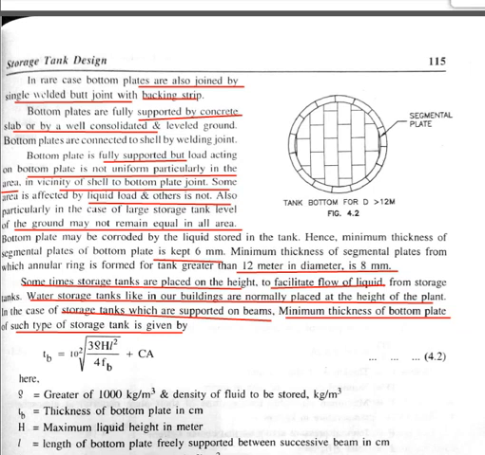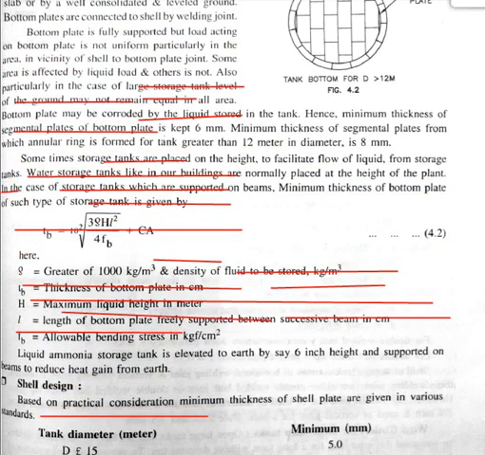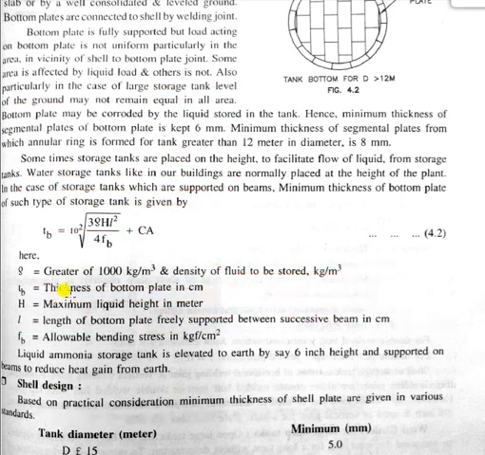Whatever fluid we are going to store, consider its density, with a minimum of 100 kg per meter cube. Then next, alpha. TB is the thickness of the bottom plate in centimeter.